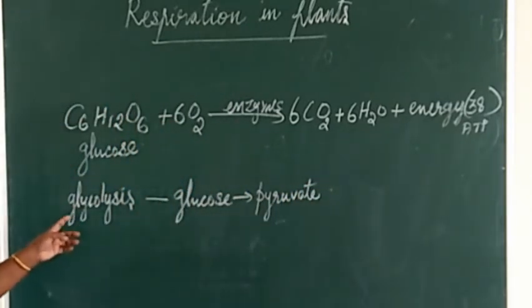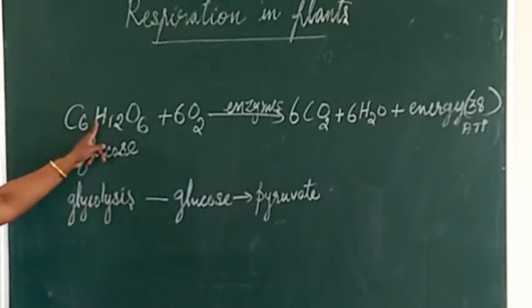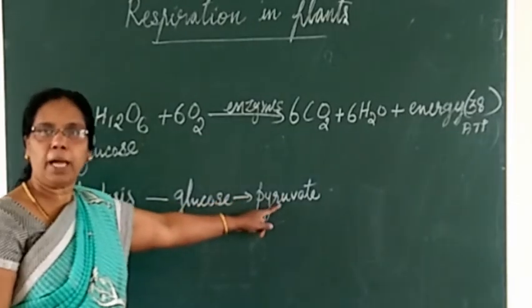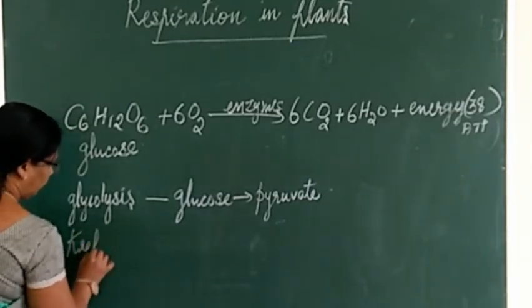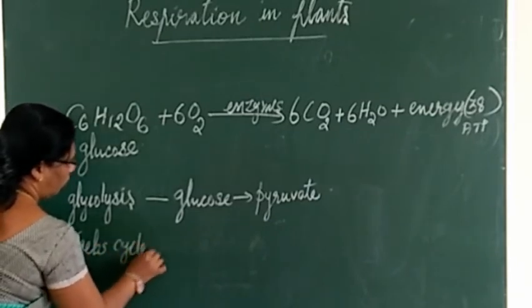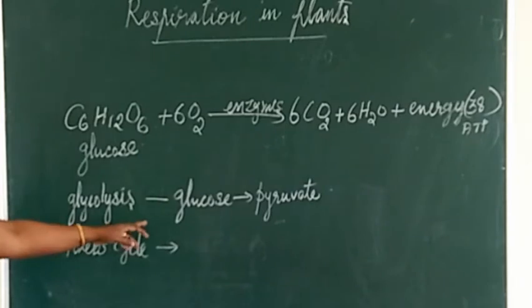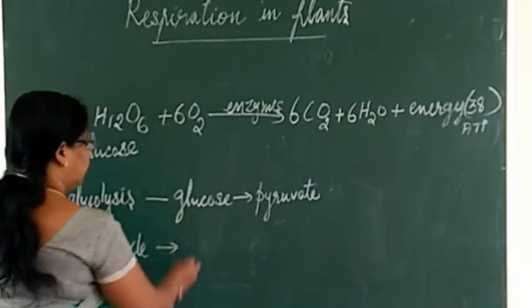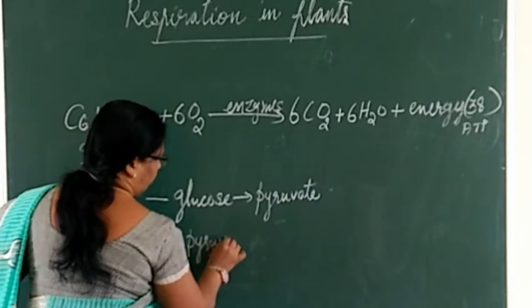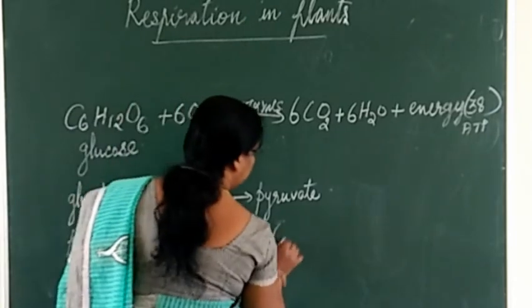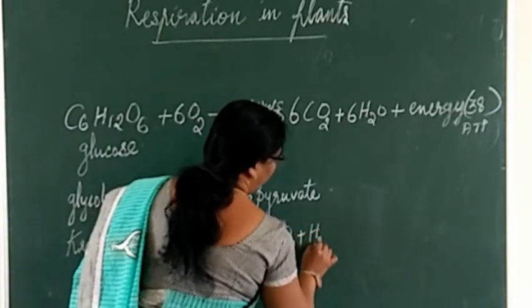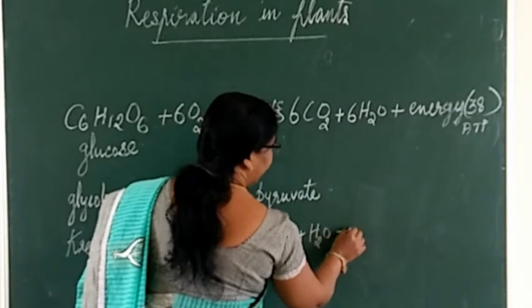So during the first phase, called glycolysis, the glucose breaks down and forms pyruvate. In the second phase, called the Krebs cycle, this pyruvate changes into carbon dioxide and water, releasing energy.